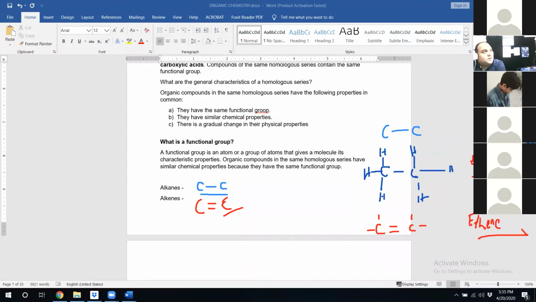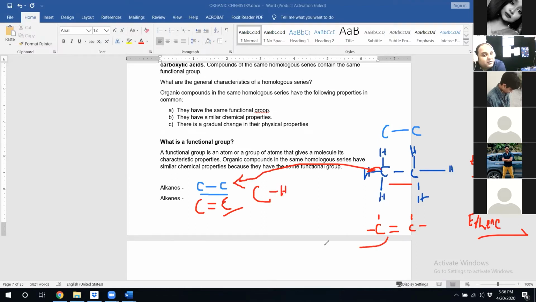But now, do they belong to the same family? No, they do not belong to the same family. Why? Because here, in ethane, you have a carbon-carbon single bond. Since it just has a carbon-carbon single bond, it will be classified under the alkane family.